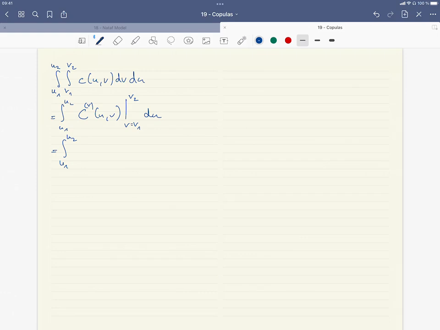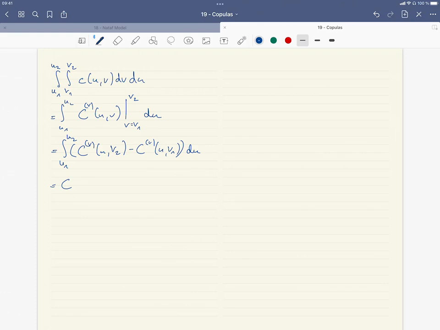And well, here I would take this primitive that's only with respect to v and evaluate it at the upper bound minus v evaluated at the lower bound, and then still integrate over u. And this now finally is the primitive with respect to u, so that is my copula.